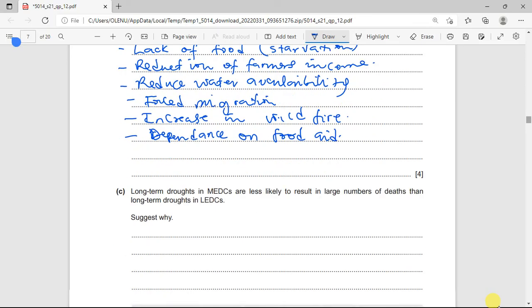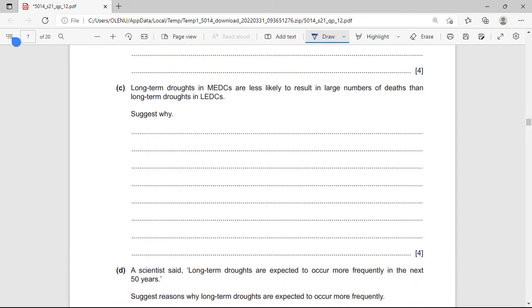Okay, so let's move on. Long-term drought in MEDCs is less likely to result in a large number of deaths than long-term drought in LEDCs. Suggest why. Simple. LEDCs are less economically developed countries, and more economically developed countries have more wealth than LEDCs.